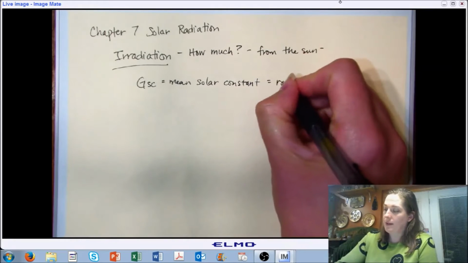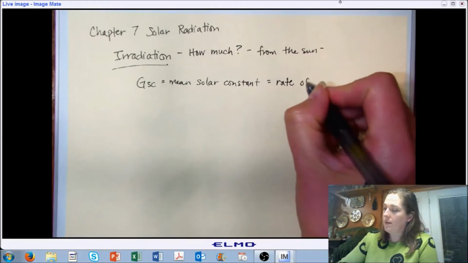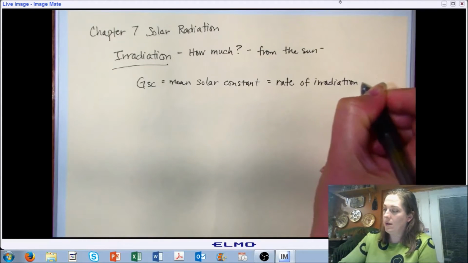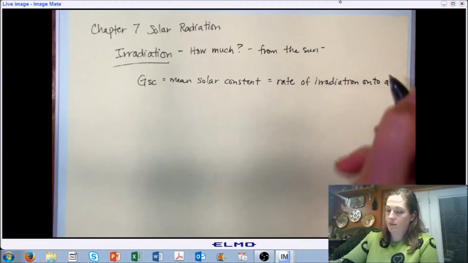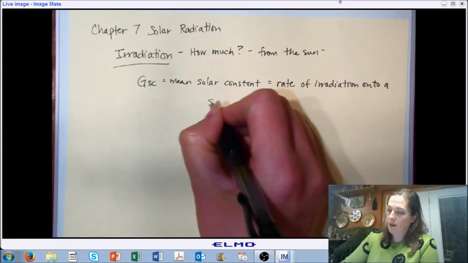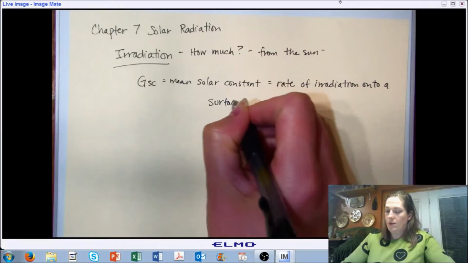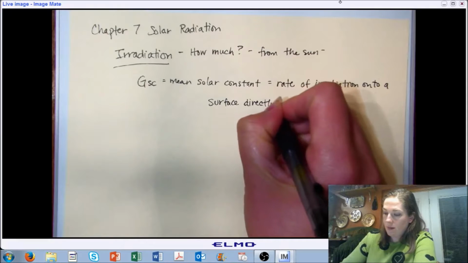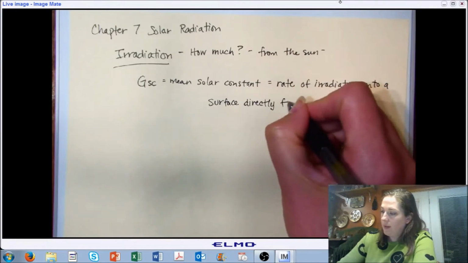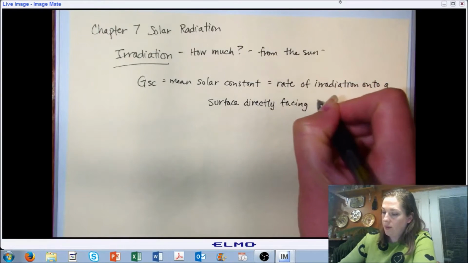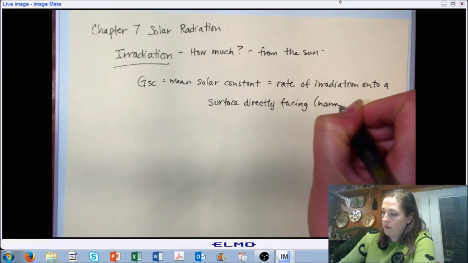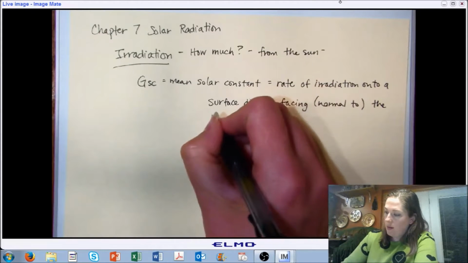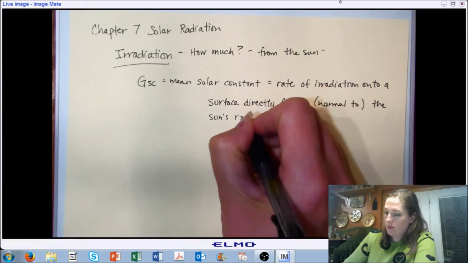And this value is defined as the rate of irradiation onto a surface directly facing or normal to the sun's rays.